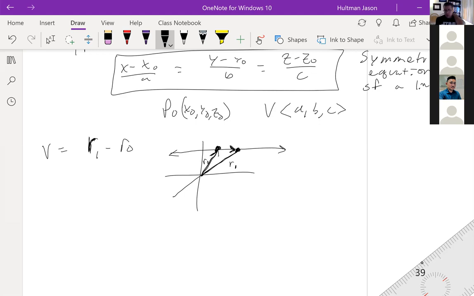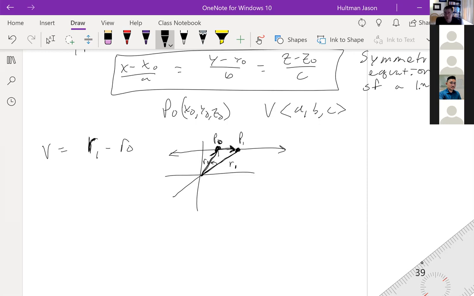Remember that triangle, right? When we have the triangle here, we go R1 into R naught, and we subtract. That's the distance between P naught, we'll call it, and P1. Okay, that's the distance between P naught and P1.